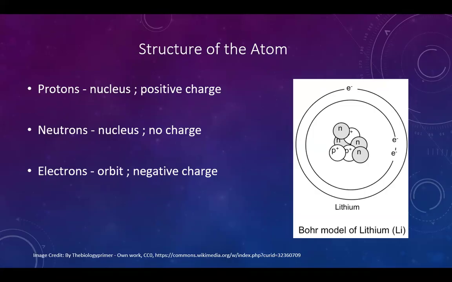And then on the outside, we have the electrons. They're attracted to the positively charged nucleus, and they orbit around effectively, and they have a negative charge. So they're on the outside, so they're what interacts with other atoms.